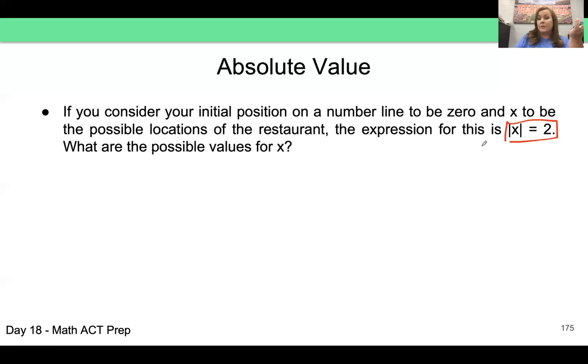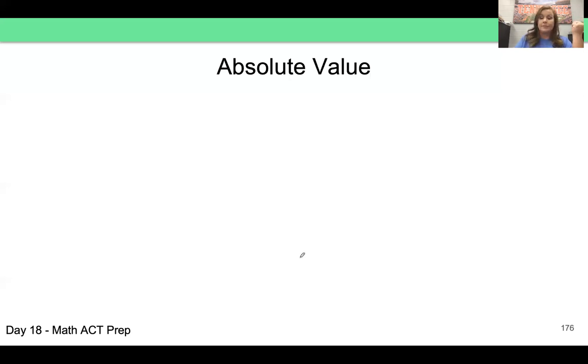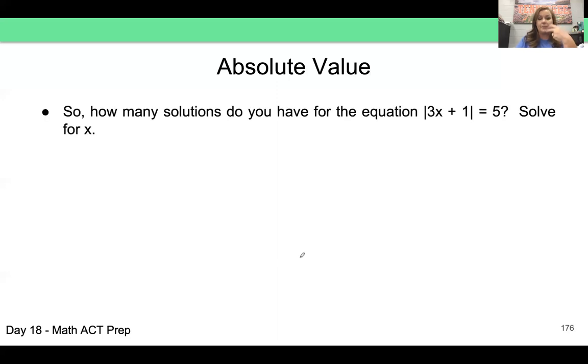So here, absolute value of x is equal to 2. That means x can be -2 or +2, because absolute value of 2 is 2 and absolute value of -2 is 2. That's just something to put to memory. When you're taking the square root of something, it's the positive and the negative. When you're finding the absolute value, you've got two answers, a positive and a negative.